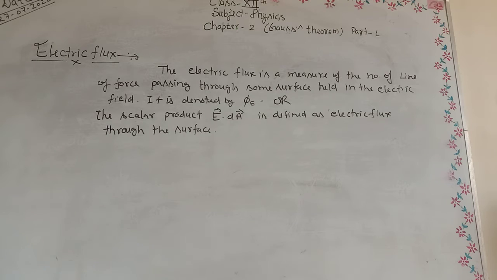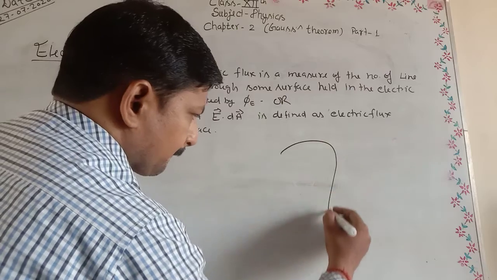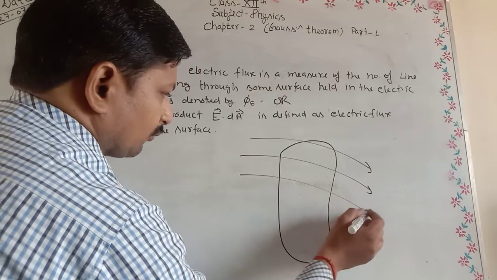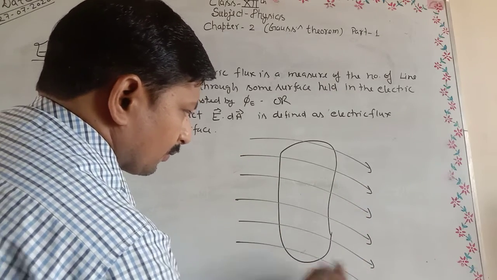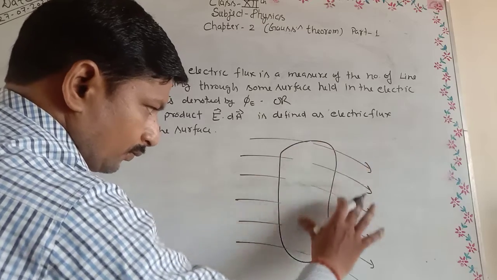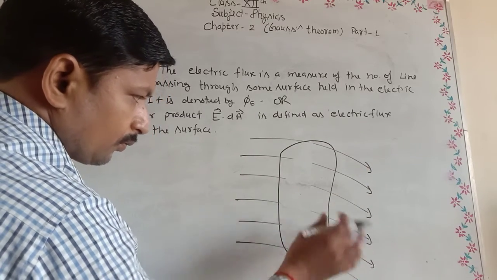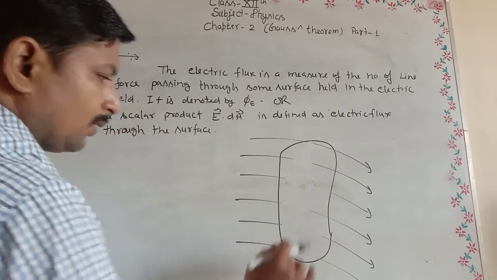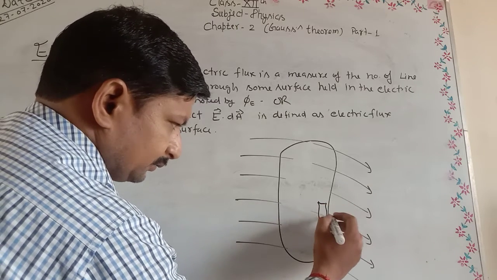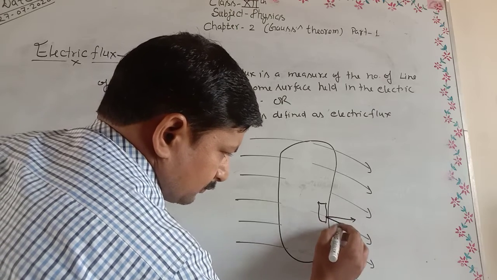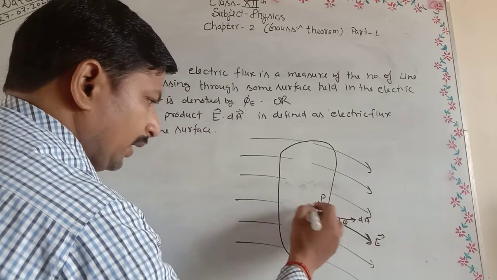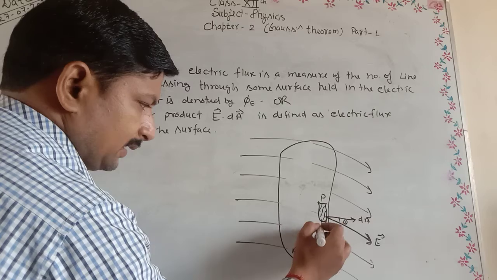Okay students, a surface, this is an element at this surface, E and dA, theta, point P, area इसका dA.